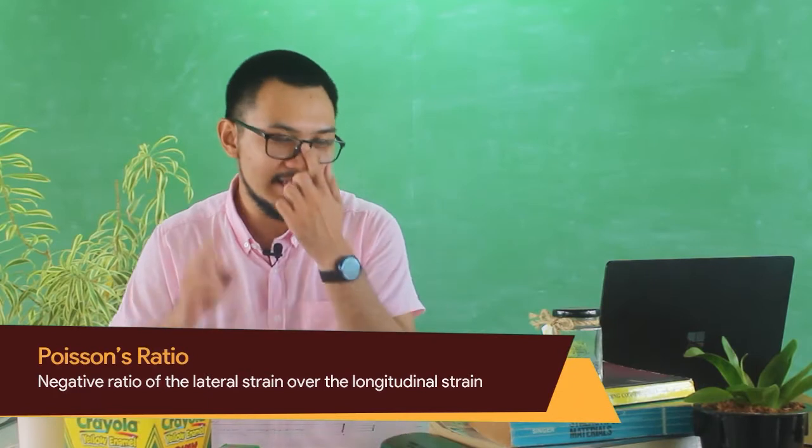Take note, this is very important. Your Poisson's ratio can only be applied when your material is behaving linear elastically. What does that mean? It can only be applied when your material is elastic. When is our material elastic?